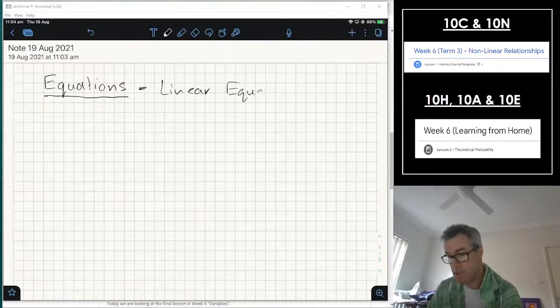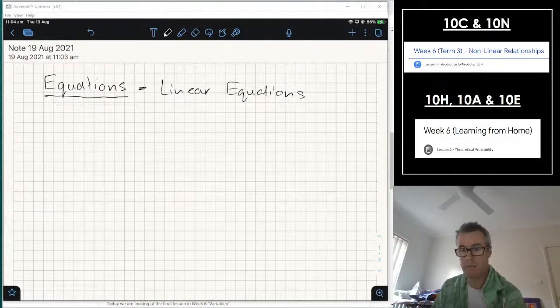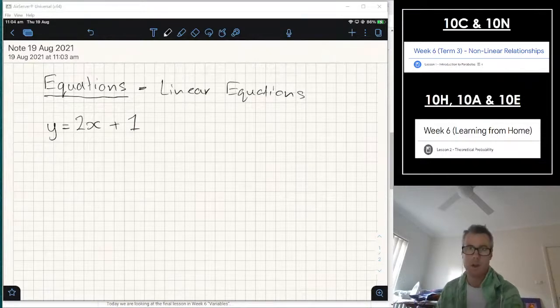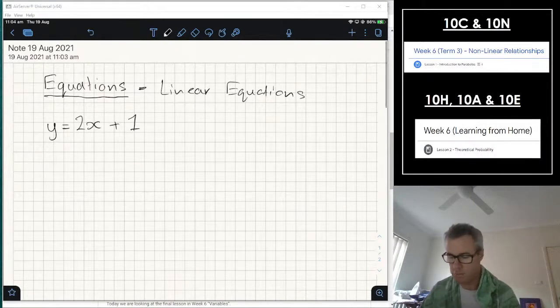And that was the idea that we took an equation, something like y is equal to, let's say, 2x plus 1, right? We took something like this, and we then went ahead and we plotted it on a Cartesian plane, like so.